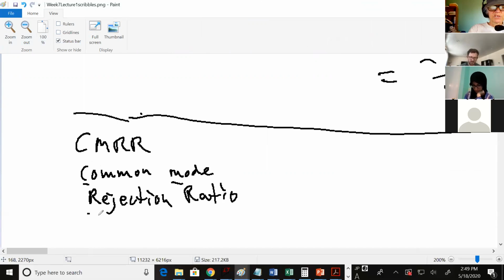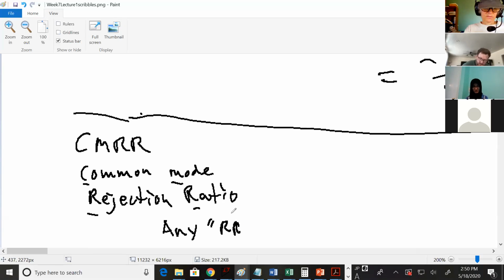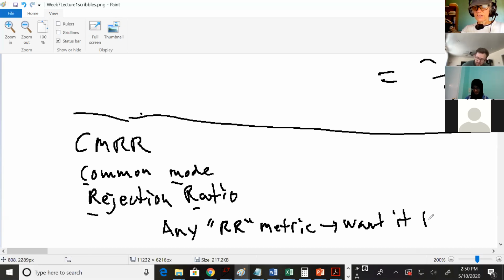Common mode rejection ratio. Any of these rejection ratio metrics, you want them to be gigantic. Any RR metric, you want it large.